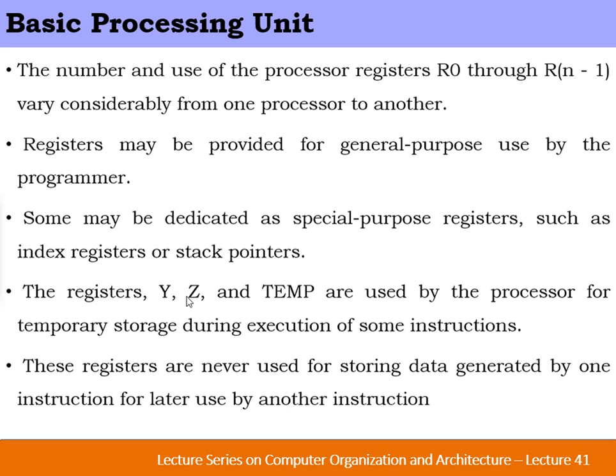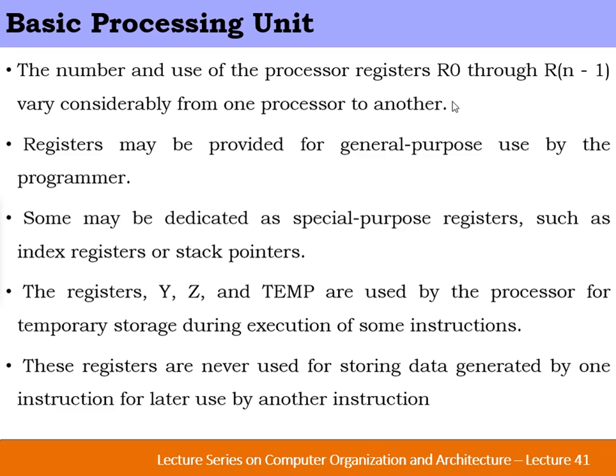The number and use of the processor registers R0 through Rn-1 vary considerably from one processor to another. The total number of general purpose registers will be different from one processor to another. Registers may be provided for general purpose use by the programmer.